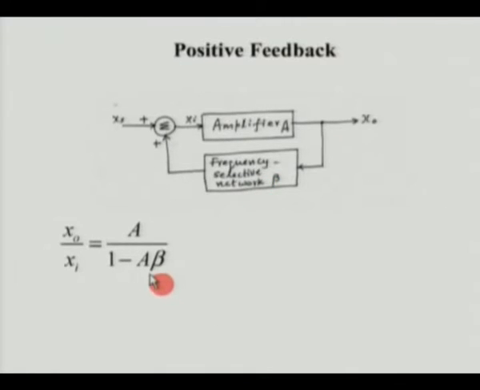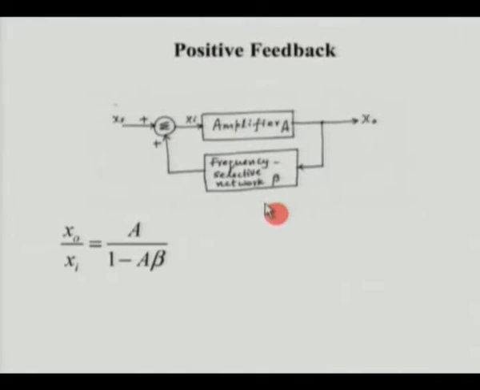In the previous case we used the word loop gain for a beta, and the same thing applies here also. Now there is a very big difference between what we did for negative feedback and what we did here. When we talked about an amplifier with negative feedback, the feedback network was entirely a resistive network. You might remember, this is something very important to remember.